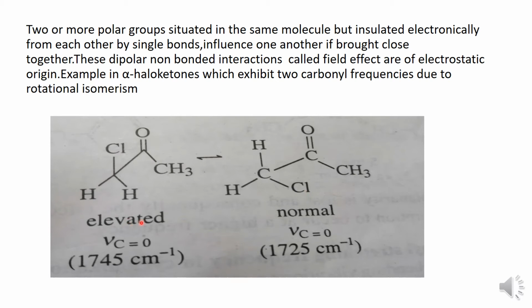In the eclipsed form, the chlorine is near to the oxygen atom, so there is some field effect. Due to this field effect, the carbonyl stretching frequency increases, and here the carbonyl stretching frequency decreases. So alpha haloketones exhibit two carbonyl frequencies due to these two rotational isomers.